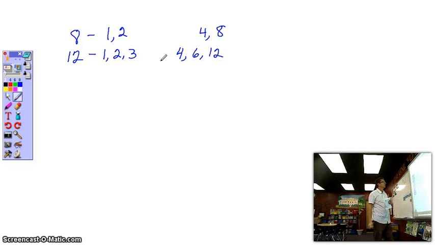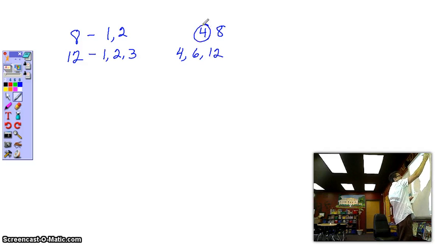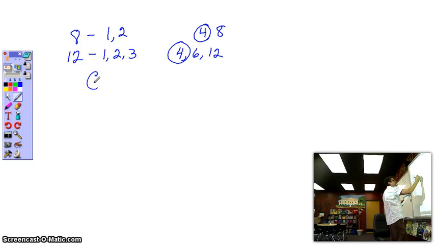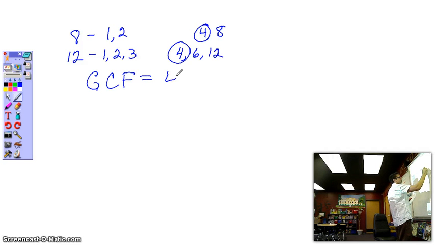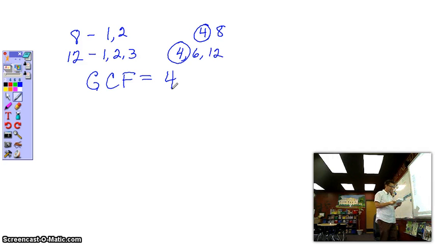So we know we've completed all the factors of 12. So now what we're going to do is look for the greatest factor that's in both lists, that's common to both of these lists. The biggest number that I see in both lists is the number 4. So the greatest common factor for 8 and 12 is 4.